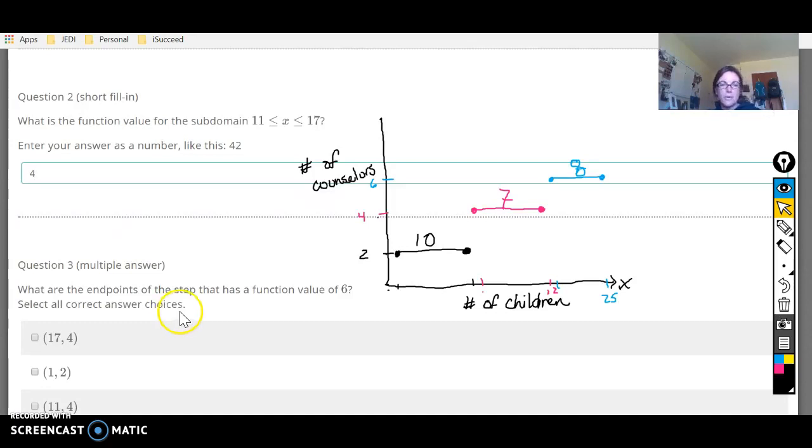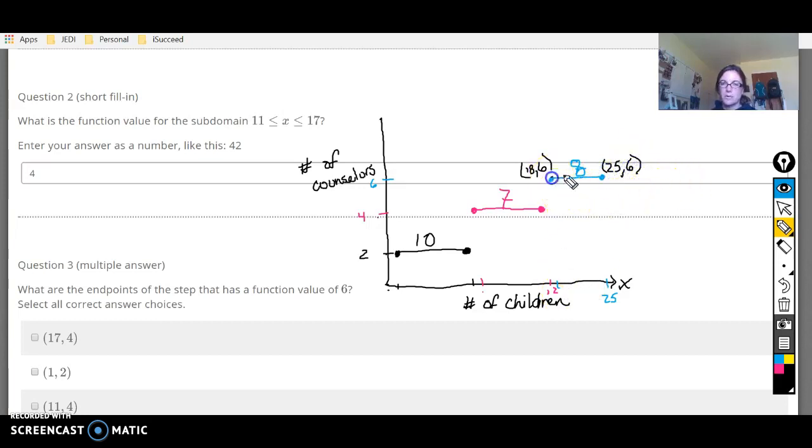They are going to ask this question a little bit differently. What are the endpoints of when it's 6? The coordinates for this endpoint are 18 and 6, because 17 went with 4 counselors, and 25 and 6.